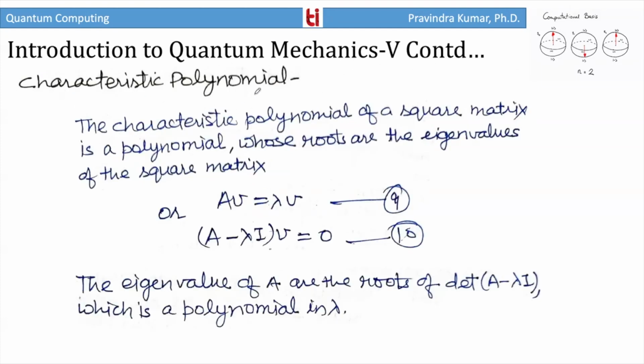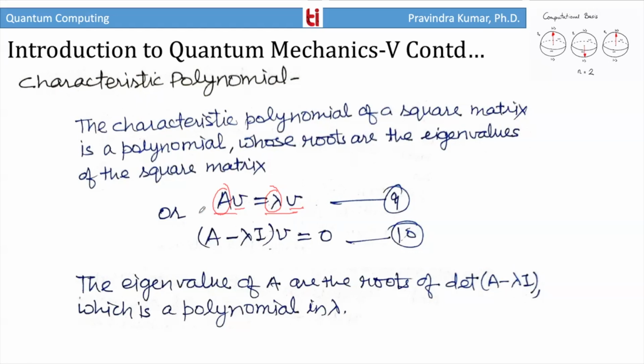Now, the characteristic polynomial. The characteristic polynomial of a square matrix is a polynomial whose roots are the eigenvalues of the square matrix. For a square matrix A, we say that lambda is its eigenvalue if there exists a non-zero vector V, known as the eigenvector, such that AV is equal to lambda V. So here A is the operator, lambda is the eigenvalue, and V is the eigenstate or eigenvector.